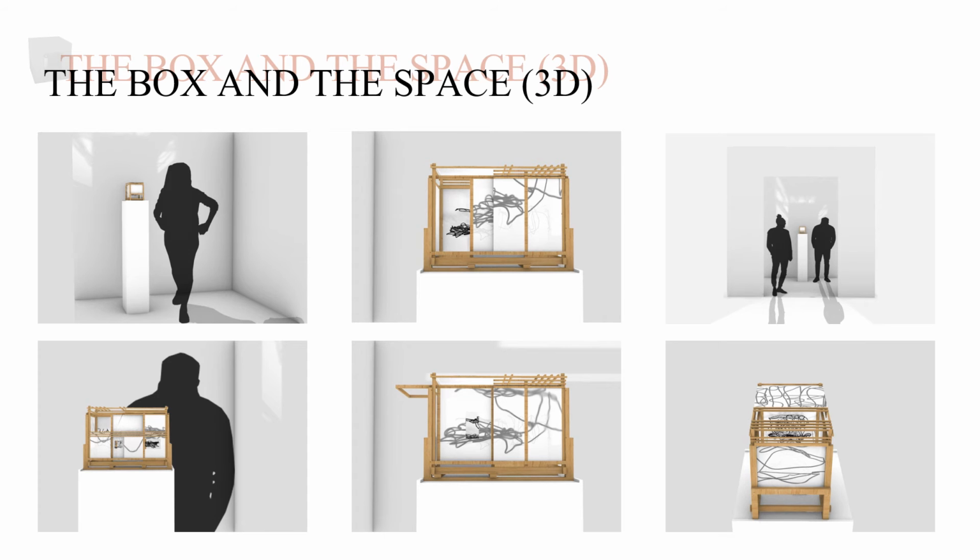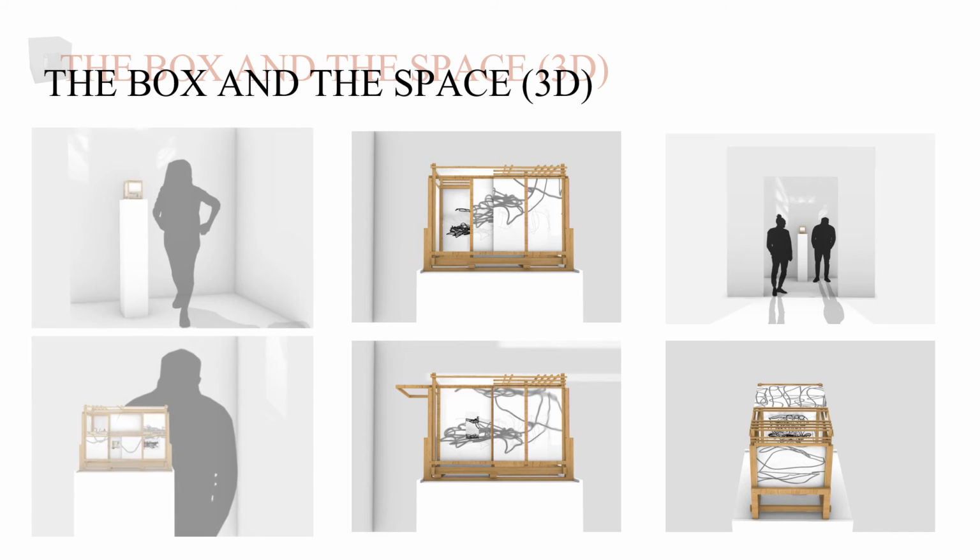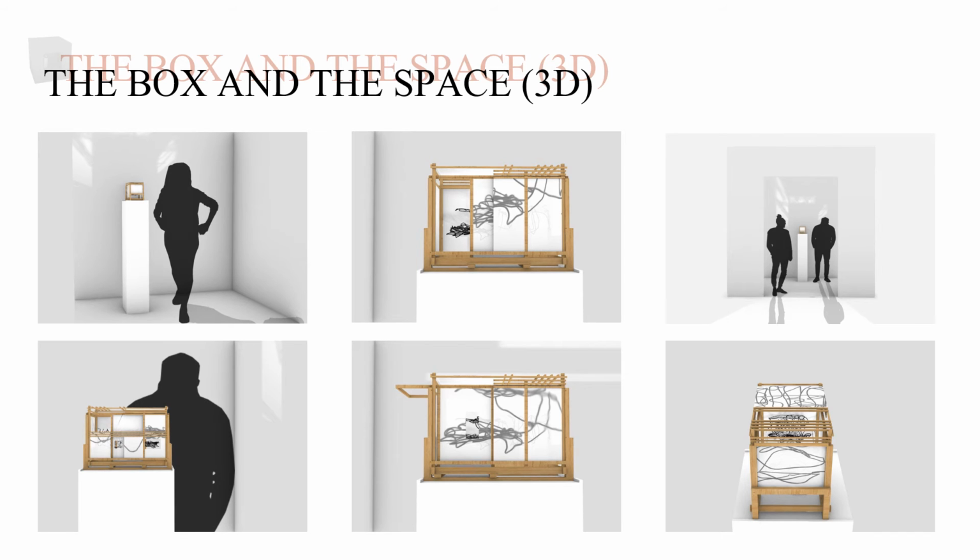Later, we were tasked with designing a space in order to display our box, and I had a few ideas for this space. My first idea was to put the box at the back of the space in order to emphasize the shadows that it created on the wall. My second idea was to put little edges at the front and back of the pedestal where the box stands in order for people to interact with the box without having to move the whole box.